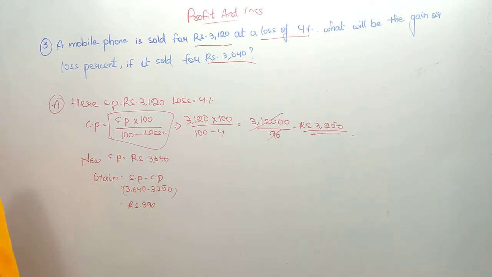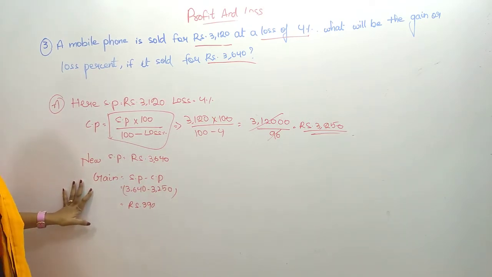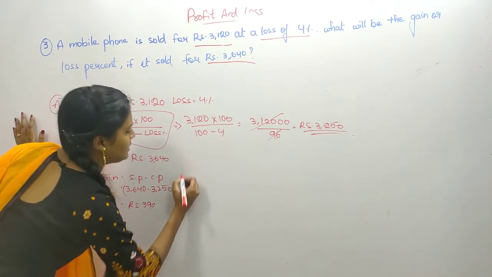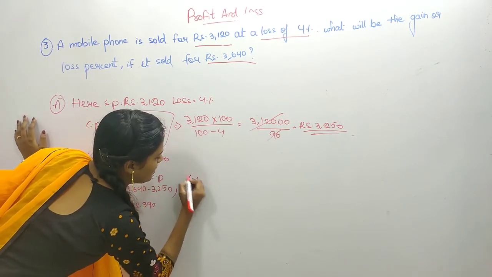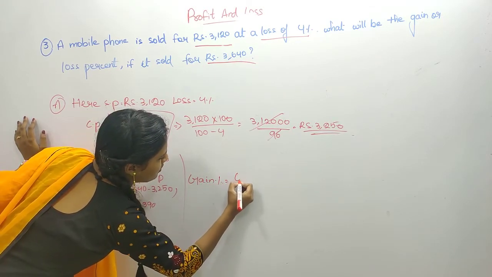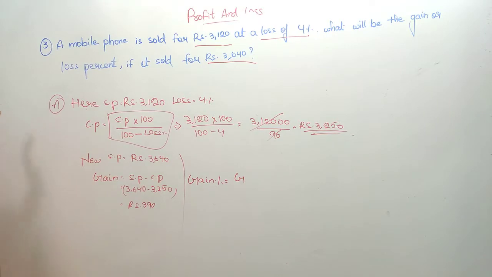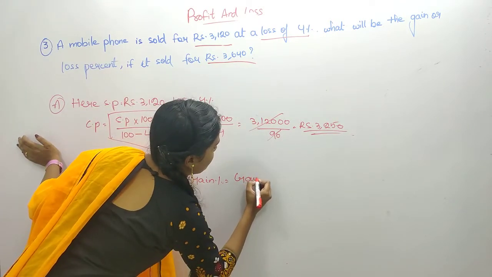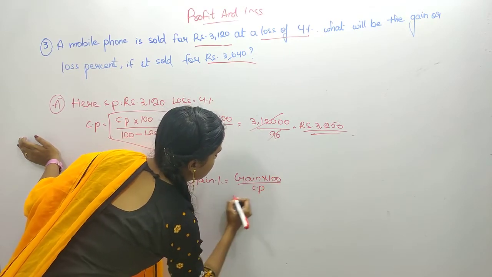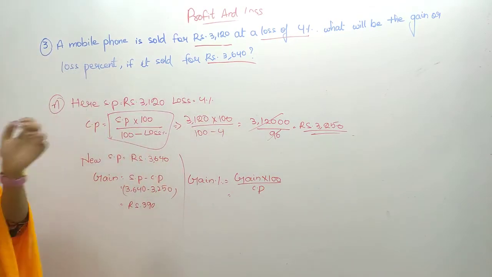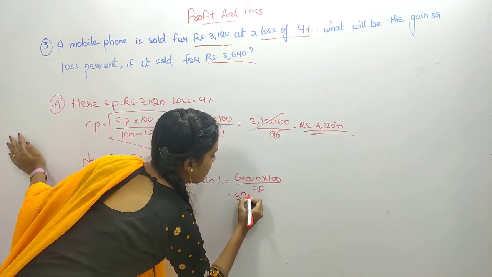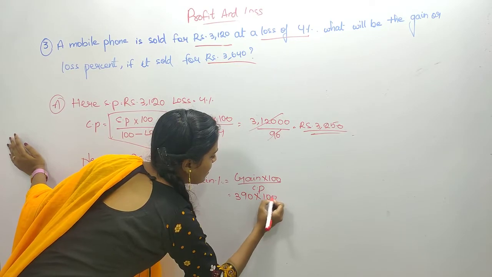Now finally what you have to find out? Gain percent. What is the formula of gain percent? Gain percent is equal to gain into 100 by cost price. Gain, how much did we get? 390 rupees into 100 by cost price.